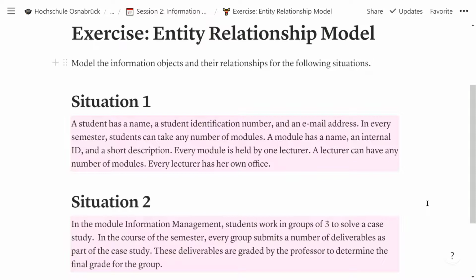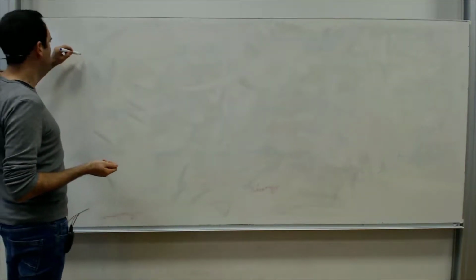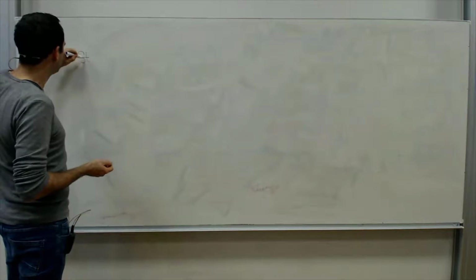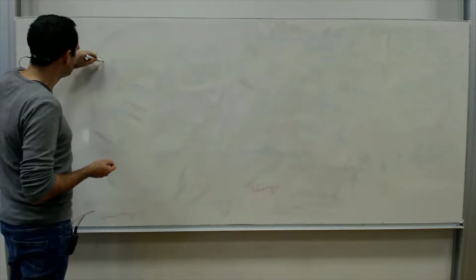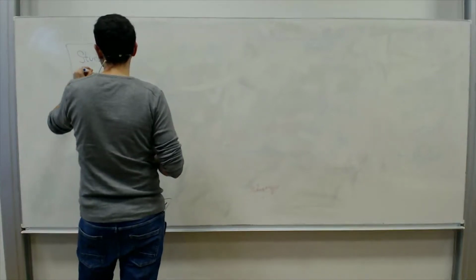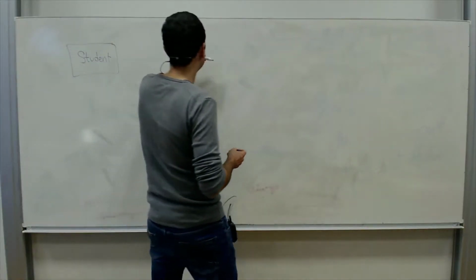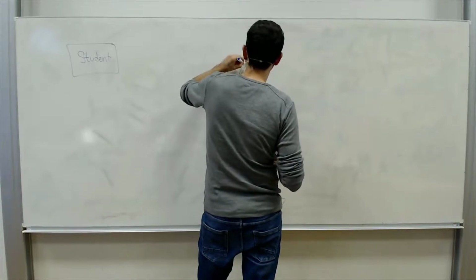We said that we have the entities student, module, and lecturer. Okay, we need to go slow. So what's the first entity? Student. So you have student, and since it's an entity, we'll put a square around it, and then you have another one, the module. I'll put it on this side.